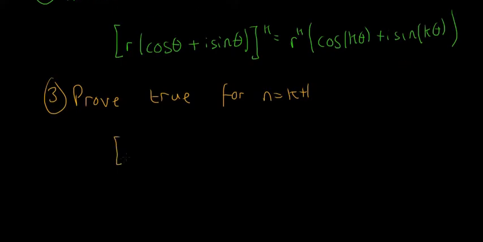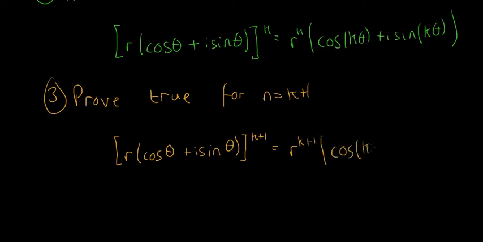So we're going to write square bracket r multiplied by cos theta plus i sine theta, close the bracket, to the power of k plus 1, and this should be equal to r to the power of k plus 1 multiplied by cos of k plus 1 by theta plus i sine of k plus 1 theta, close the bracket. Alright, so that might seem a bit messy, but that's what we have to prove. So we're going to leave the right hand side the way it is and just try to prove the left hand side is equal to that.